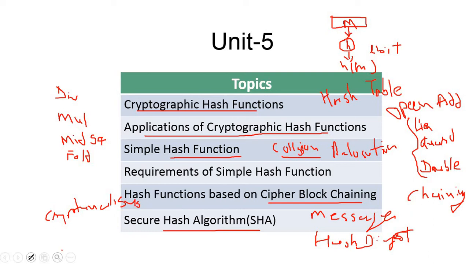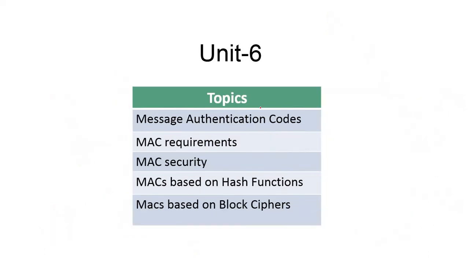And last we have discussed some of the hash algorithms suggested by NIST, like MD5 and SHA. MD5 was an older technique, SHA is a new one. So this is everything about unit number 5, whatever we have discussed till today.